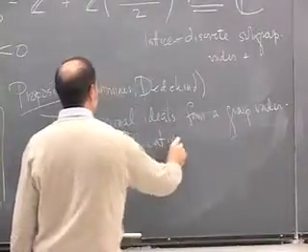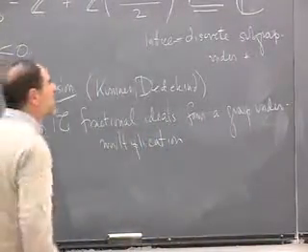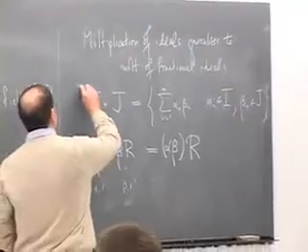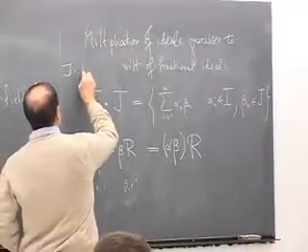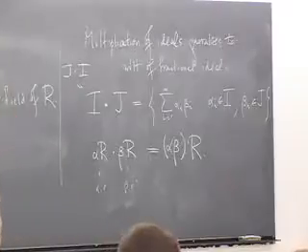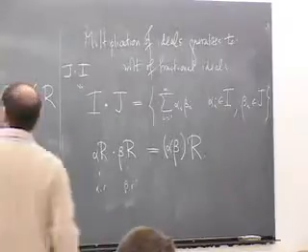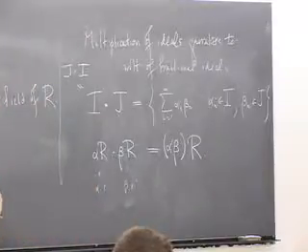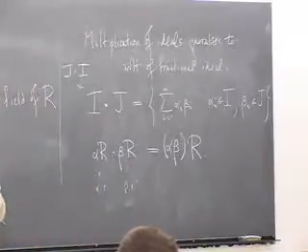So what is the content of that? Well, it's pretty clear that this is a commutative operation. I times J is the same as J times I. It's also clear, since multiplication is associative, that it's an associative operation. So what you have to be able to do to prove a result like that is to figure out what's the identity object, and what's the inverse object?